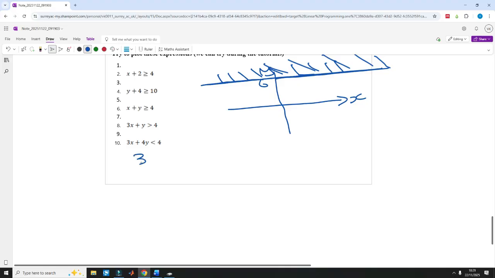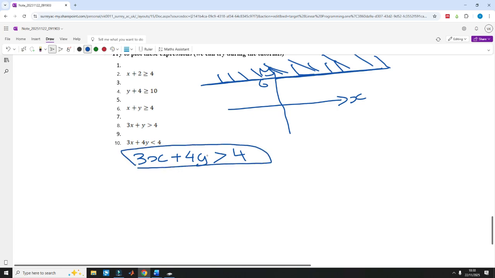So let's write this: 3x plus 4y greater than or equal to 4. If we have an xy plane, which region corresponds to this? How can you show this inequality in a 2D graph?